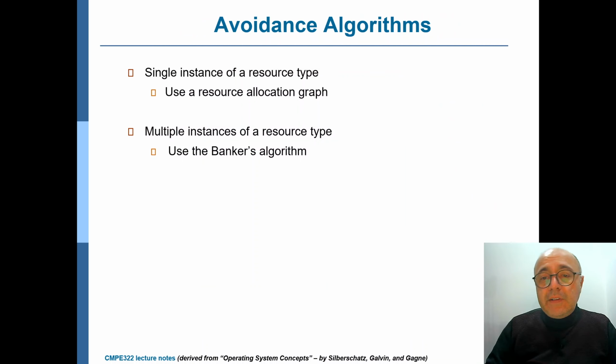So the avoidance algorithms can be grouped into, if you have a single instance of every resource type, you can just use the resource allocation graph. That's good enough. However, if you have multiple instances of a resource type, the resource allocation graph will not be sufficient for you. So for that, you have to use what's called the banker's algorithm.